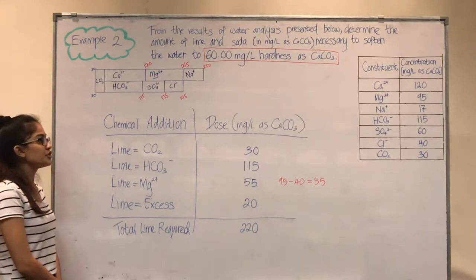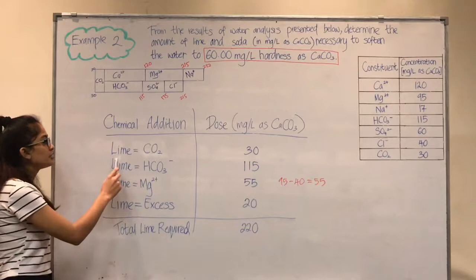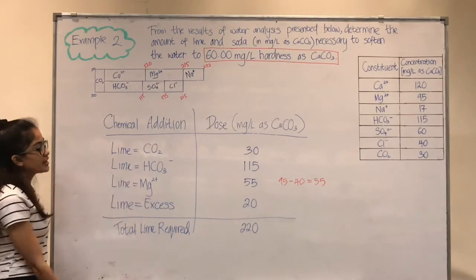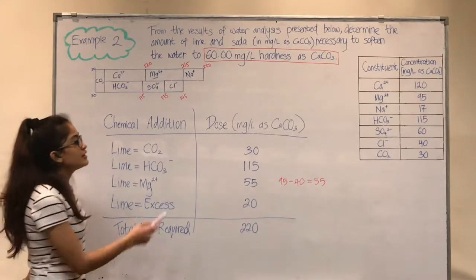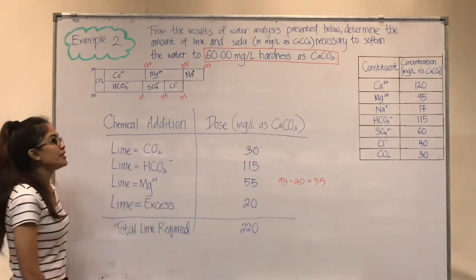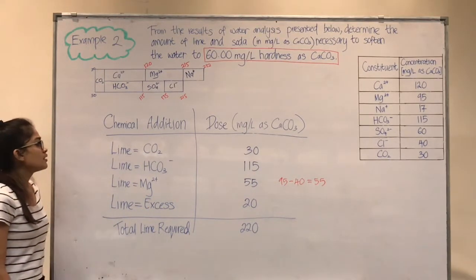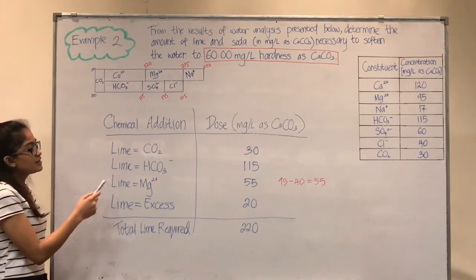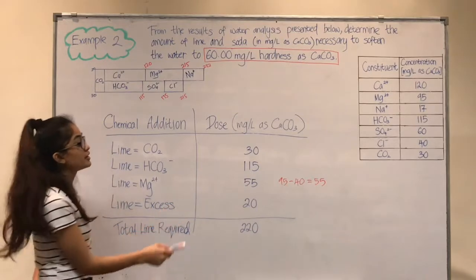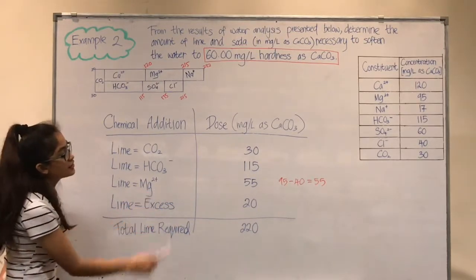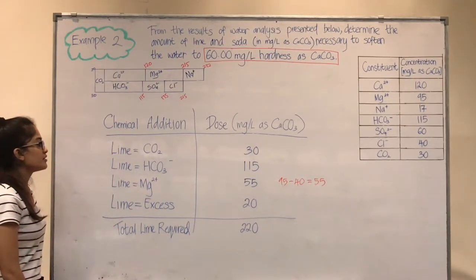For the chemical addition, lime is added to the carbon dioxide to destroy the carbonic acid in the water, and it is given as 30 milligrams per liter as calcium carbonate. Next, lime is added to the bicarbonate to raise the pH of the water, and it is given as 115 milligrams per liter.